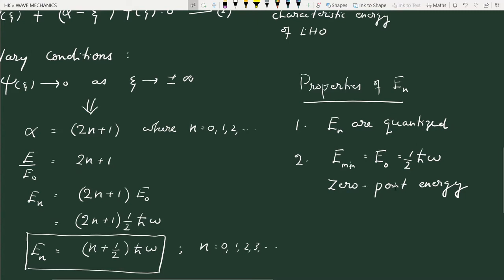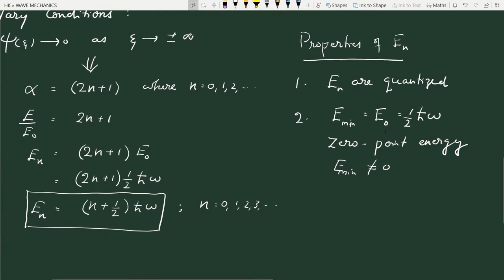Another point to note is that E minimum, the ground state energy, is non-zero. This is true for any bound system. In fact, these two properties are common to any bound system. Energy values are quantized for a bound system, and minimum energy is non-zero.